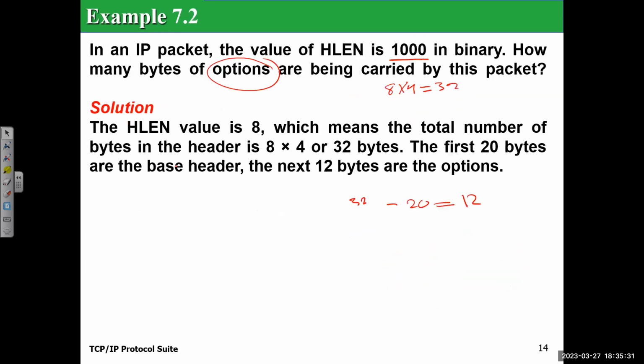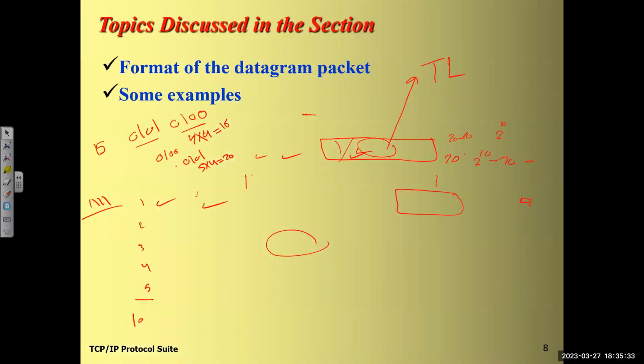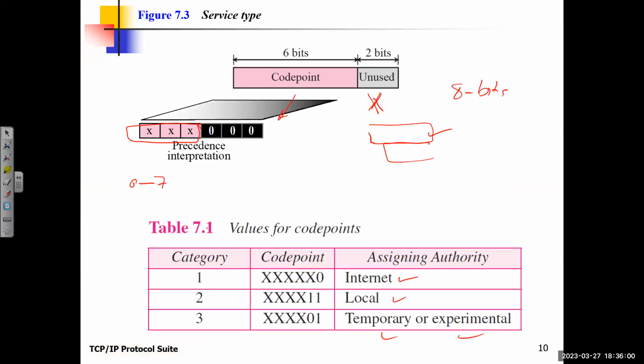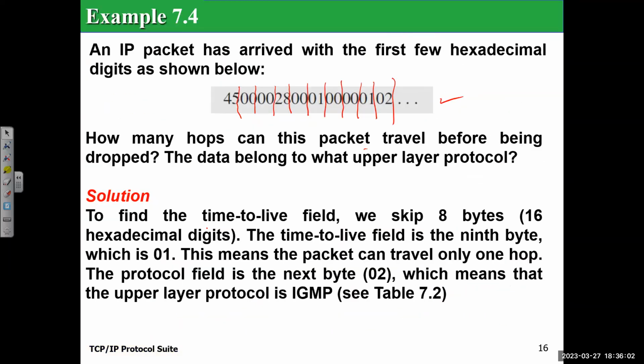So if you go back to the header, let's see where the time to live is. How many bytes do I have to skip? Skip 1, 2, 3, 4, 5, 6, 7, 8. Then I'm looking for the 9th byte. It's going to tell me how far this packet can go. So I skip 8 bytes, then take this one.